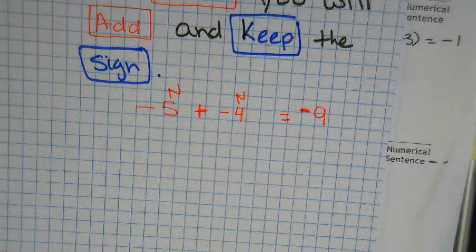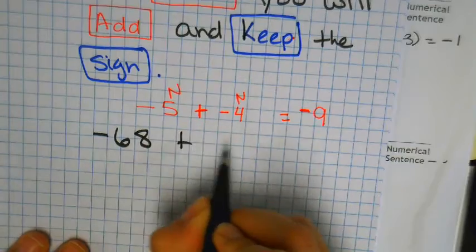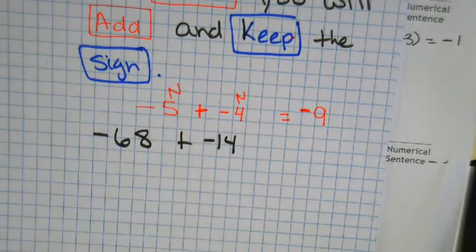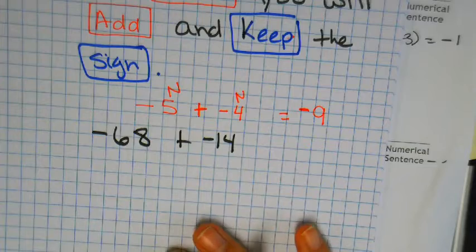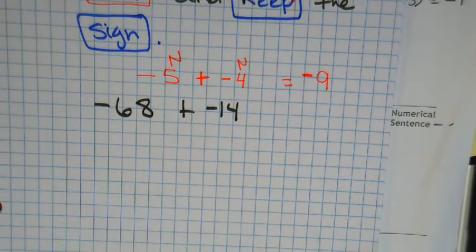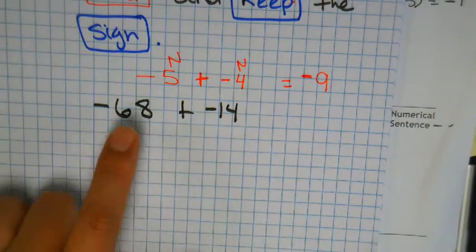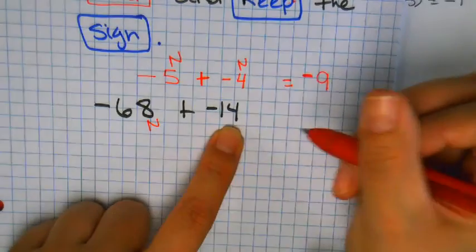So, what if I give you negative 68 plus negative 14? We write this down. Happily, we write this down. What kind of sign does the first number have? It's a negative. What about the second number? Negative. Also a negative.